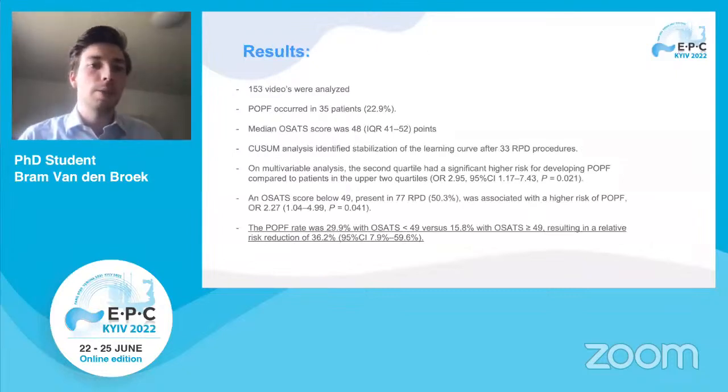153 videos were analyzed. POPF occurred in 23%. The median OSAT score was 48, and we saw a stabilization of the learning curve after 33 procedures. An OSAT score below 49, which was present in 50%, was associated with a higher risk of POPF and resulted in a relative risk reduction of 36%.